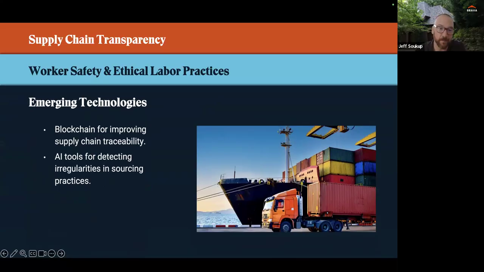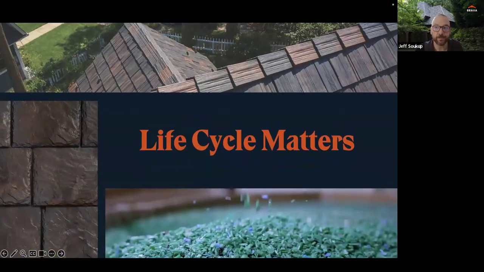We're not getting material from a Siberian tiger's habitat that was deforested. Making sure that we can trace confidently all the way back to the place of origin. We also have new AI tools that can detect irregularities in sourcing procedures. So just a lot of new technology that's going to help us get smarter in the future.